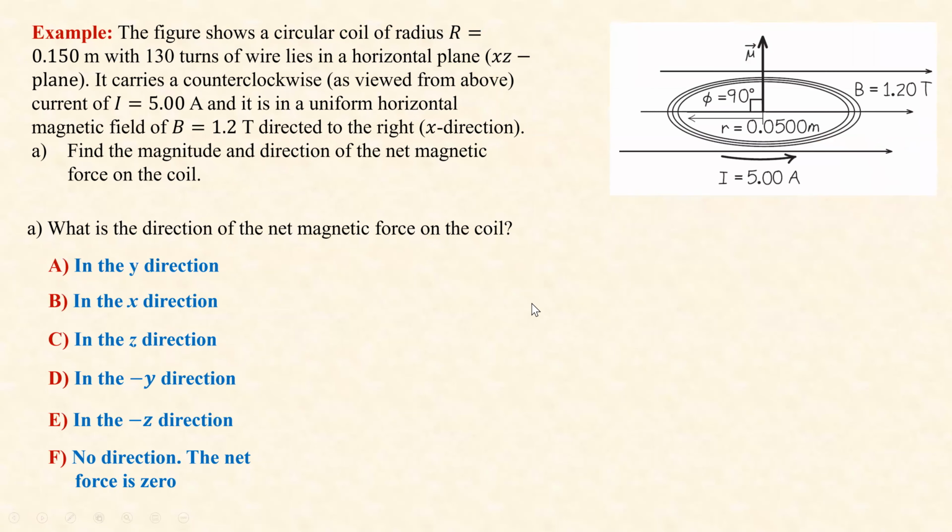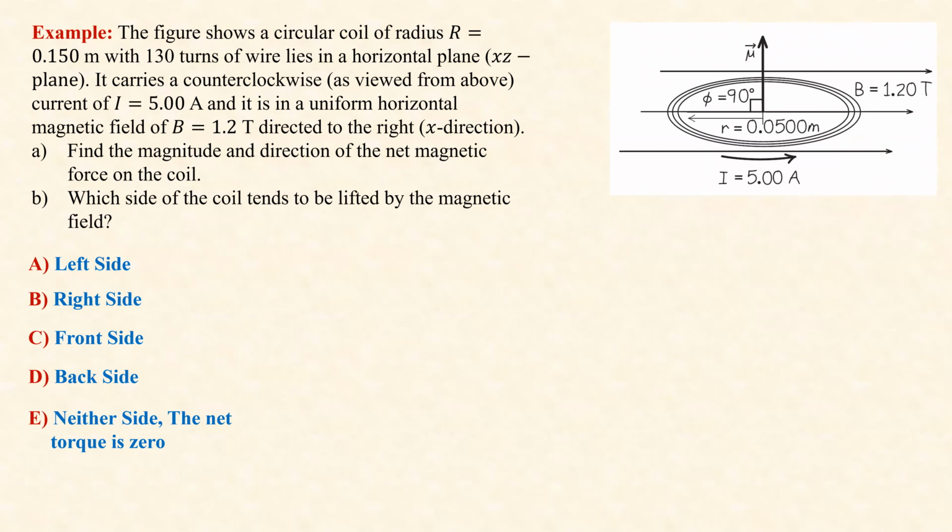So the answer is F. Next time, pay more attention. All right. Now it says, which side of the coil tends to be lifted by the magnetic field? And again, I want to give you the poll. What do you think? So the torque is non-zero.